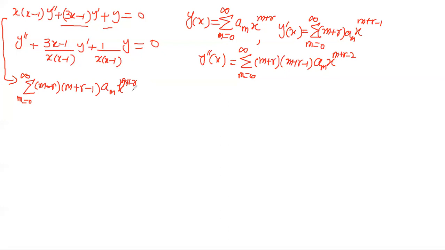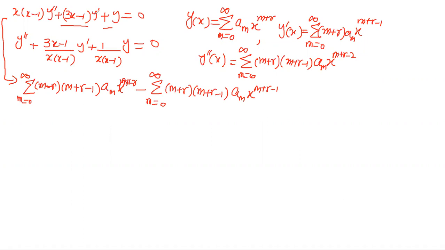And then it is minus x. If we multiply it by minus x to the power 1, it will be the sum from m is equal to 0 to infinity of m plus r into m plus r minus 1, am x power m plus r minus 1. It will remain like this.